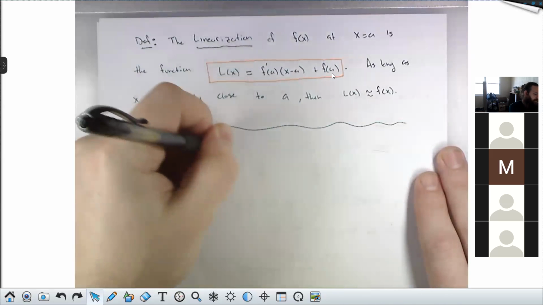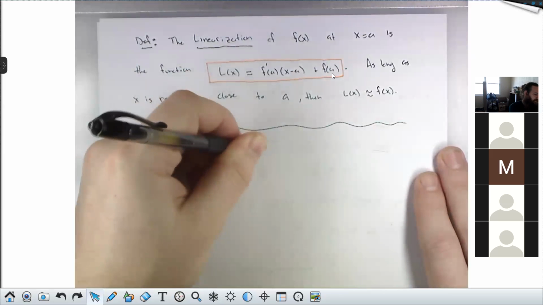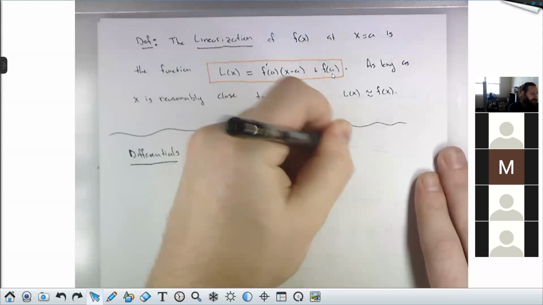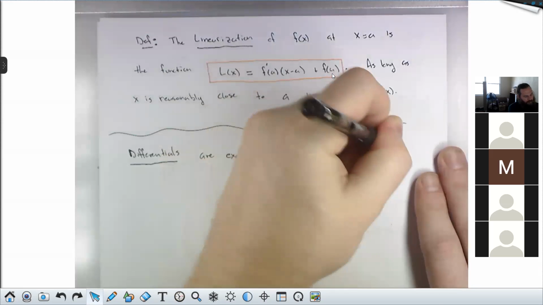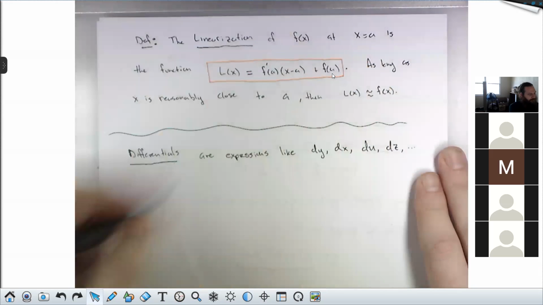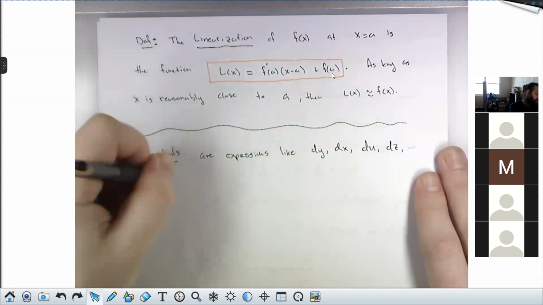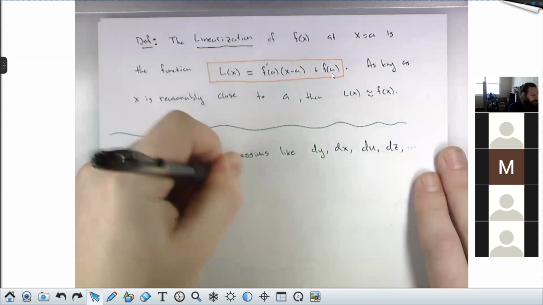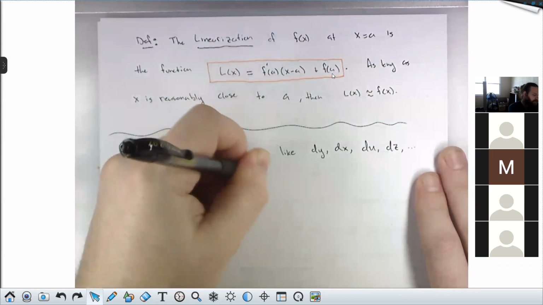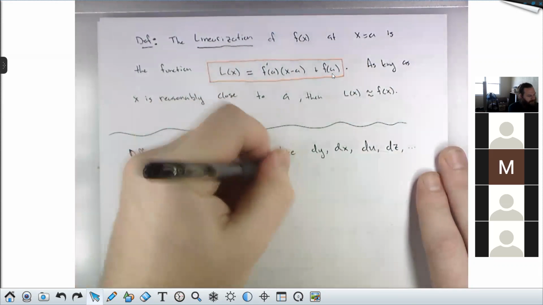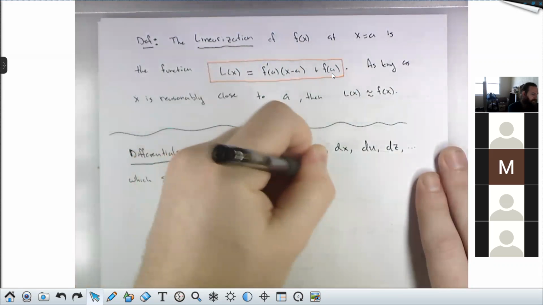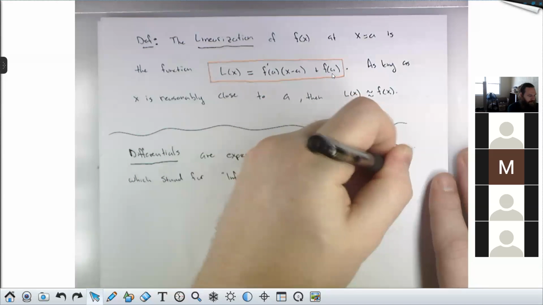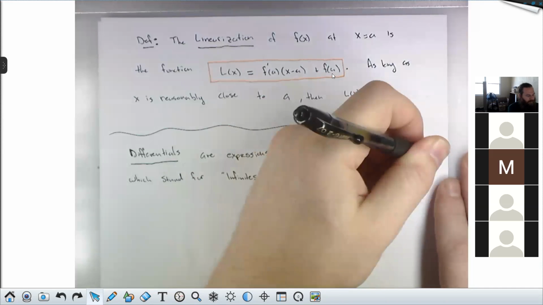Differentials are expressions like dy, dx, du, dz, etc., which stand for infinitesimal changes in the variables y, x, u, z, and so on.